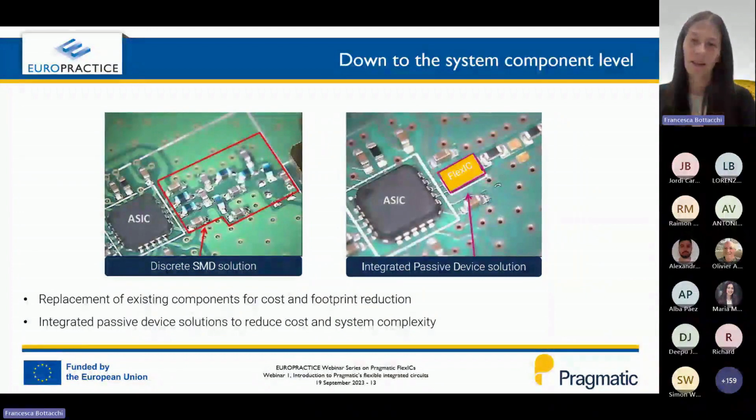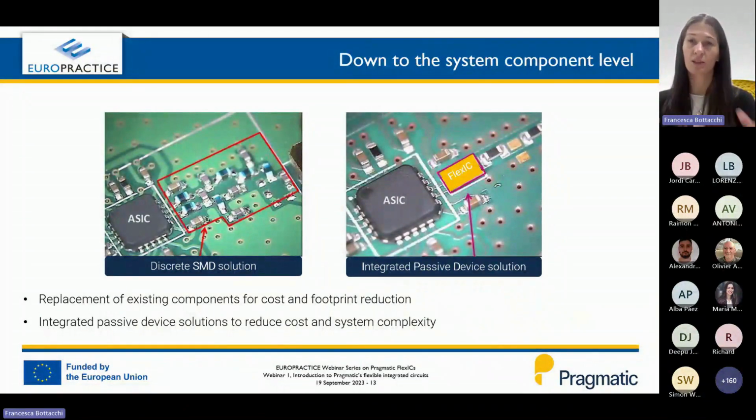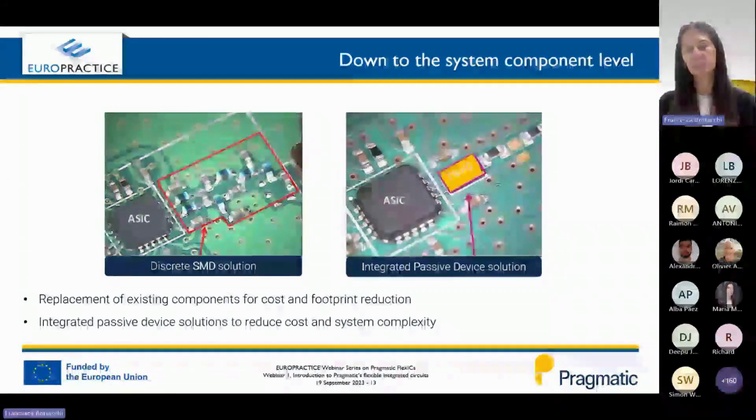You can still have your silicon ASIC if the performance requirements are very high, or you can replace your silicon ASIC with, again, a FlexIC, having 2 separate FlexICs, one for performance and one for the passive devices, or you can combine both in a single big chip that does both. In this way, you can reduce a lot of the cost and the footprint, shrink the footprint of your PCB, and in general reduce the complexity of your system.